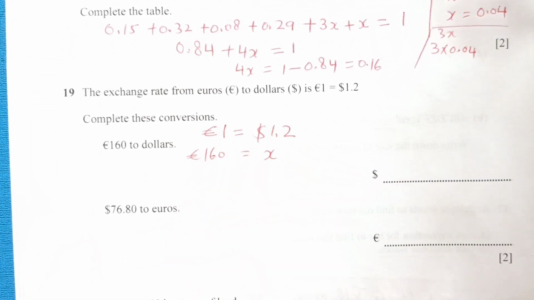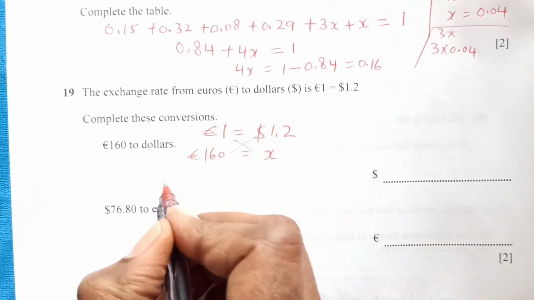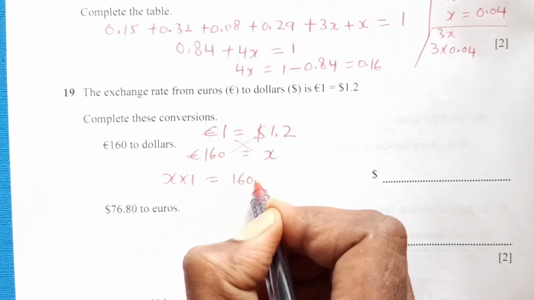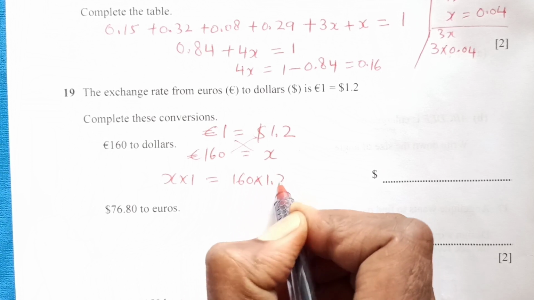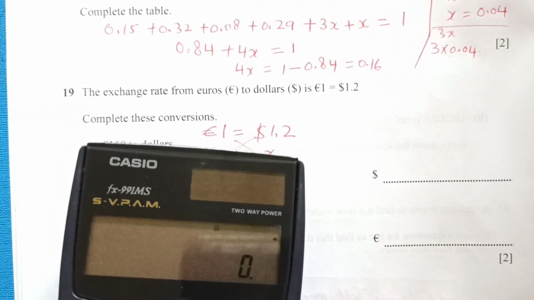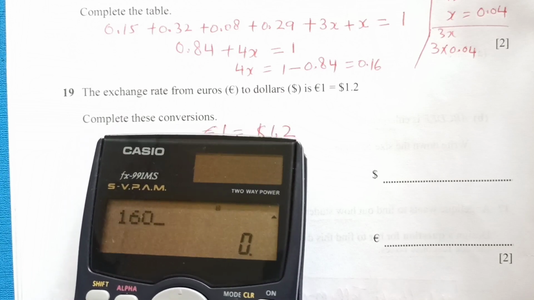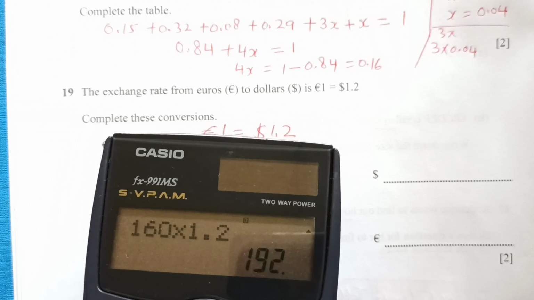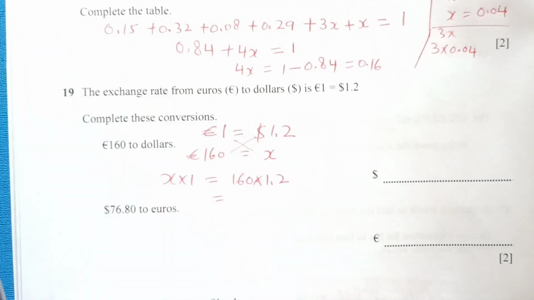So let's put x here, then just cross multiply. This will be x times 1. It will be 160 times 1.2. So 160 times 1.2, it is 192.